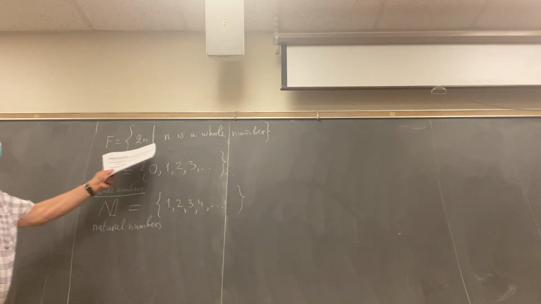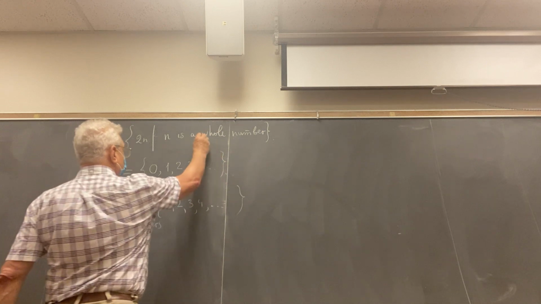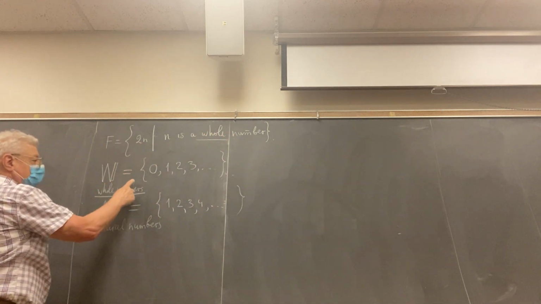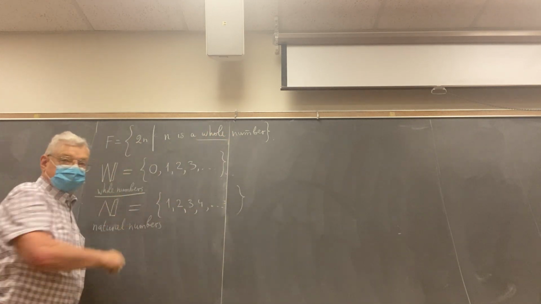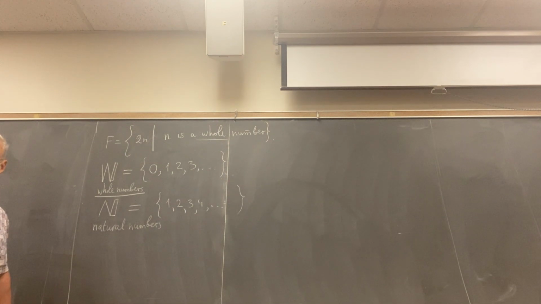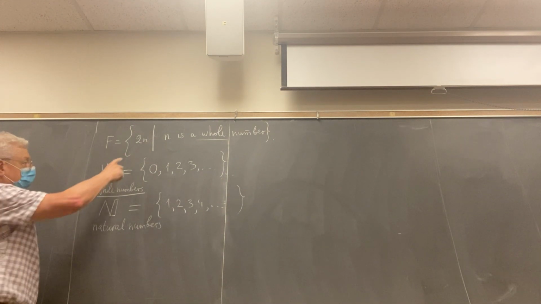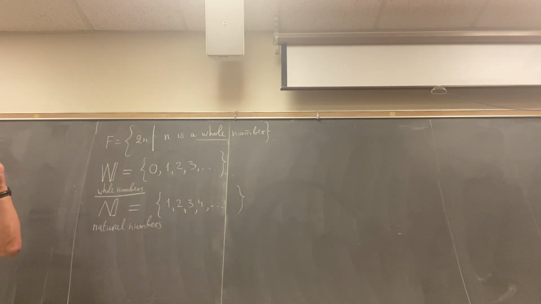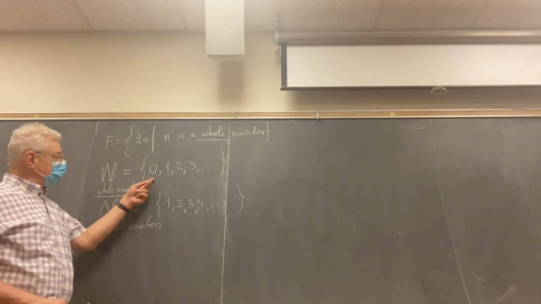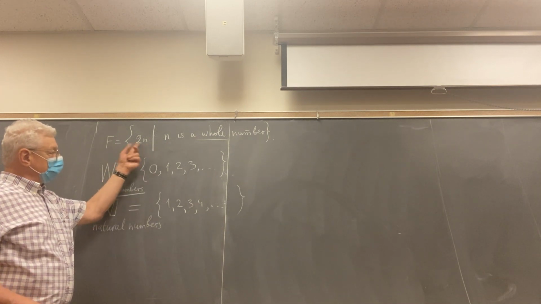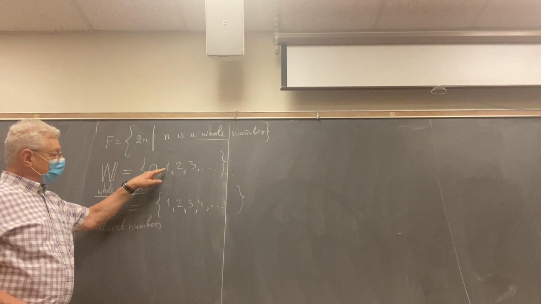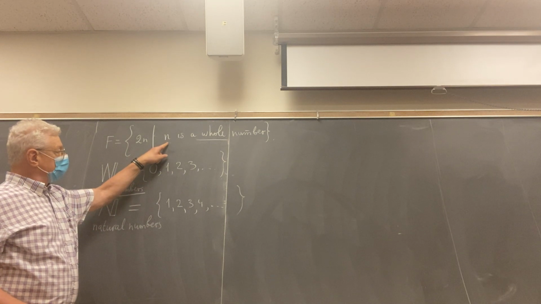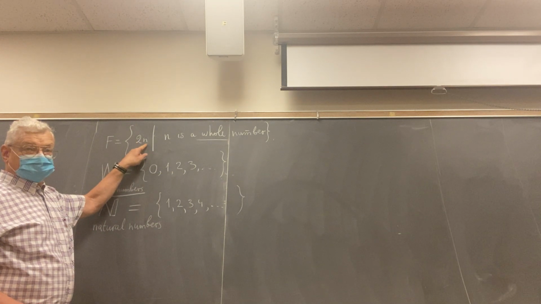0, 1, 2, 3, and so on. So if I say n is a whole number, it means that n is taken from this set. But here it's written 2n, so I'm describing the number 2n. For example, if I take n equals 0, 2 times n will also be 0. If I take 1, 2n will be 2.